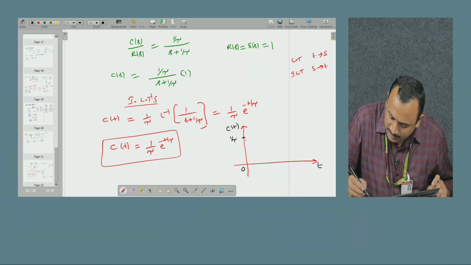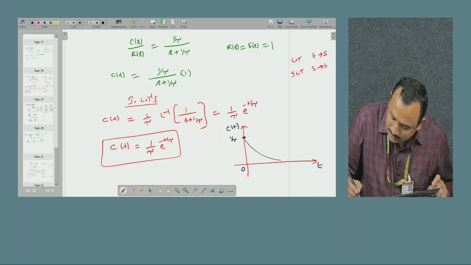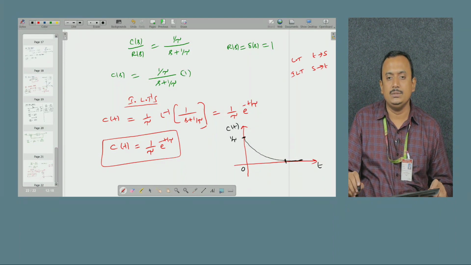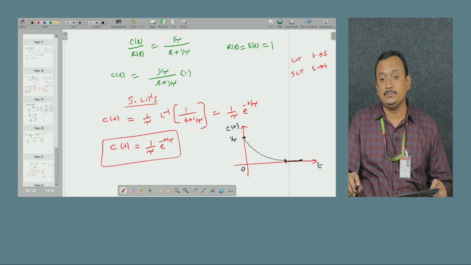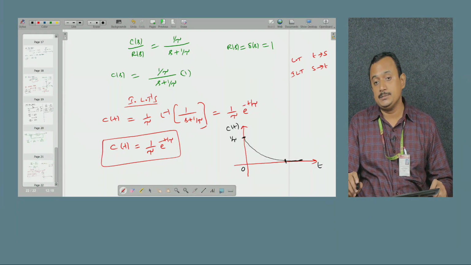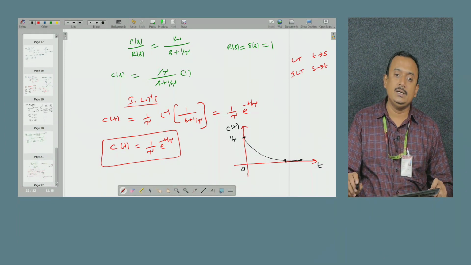That means as time increases, the response decreases in this fashion. At this point your response reaches 0, C of t becomes 0. So theoretically this happens at time t equal to infinity.